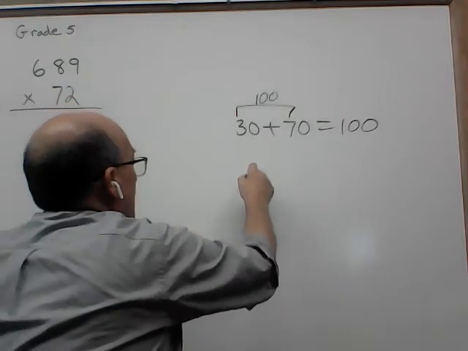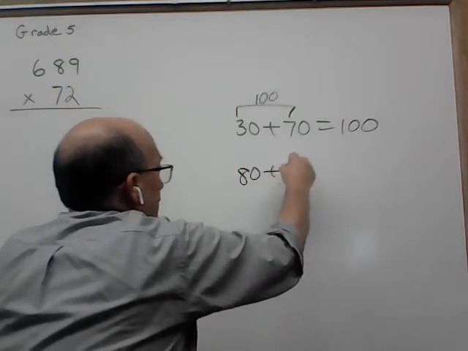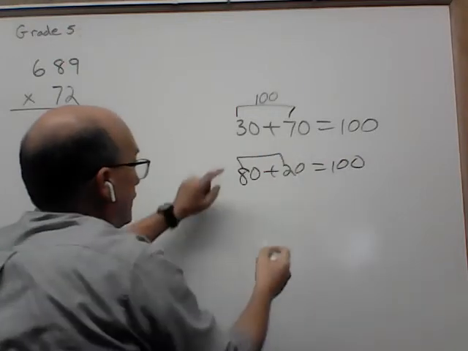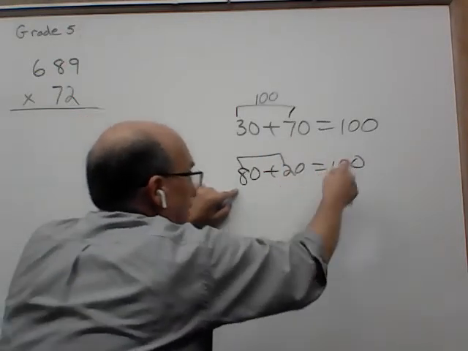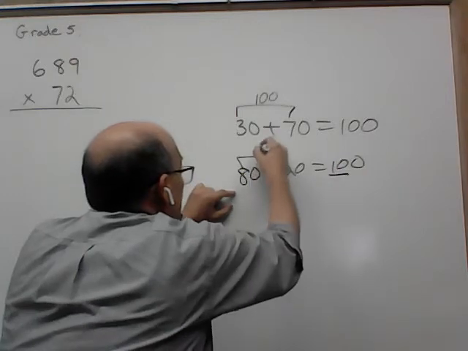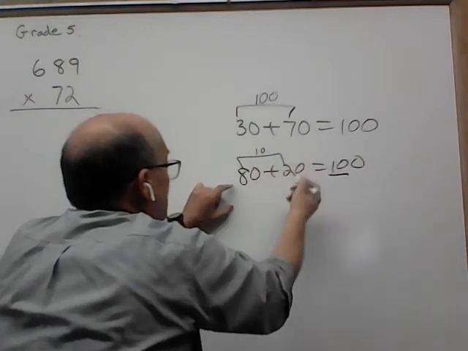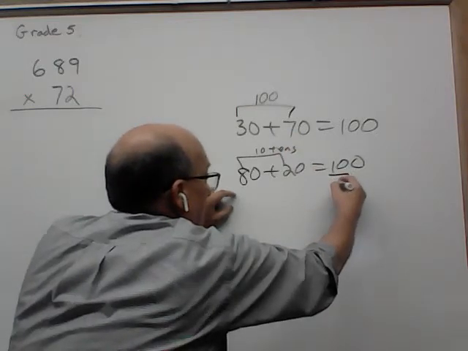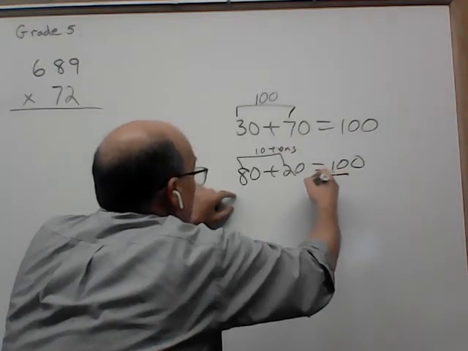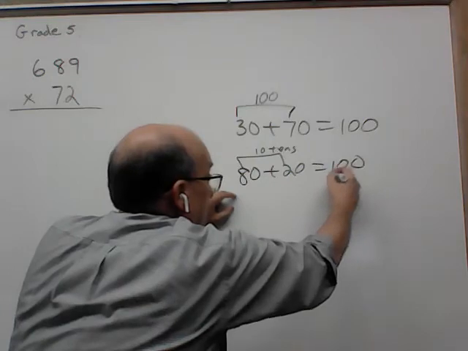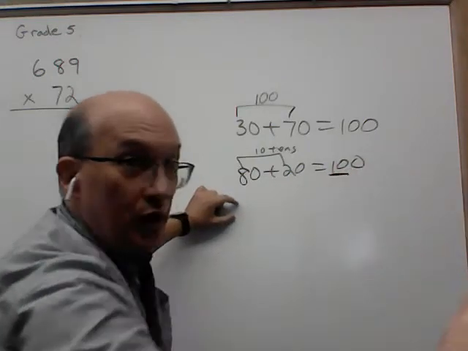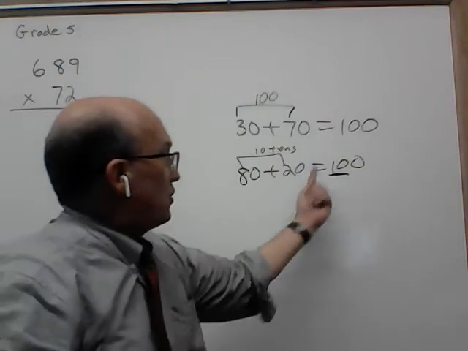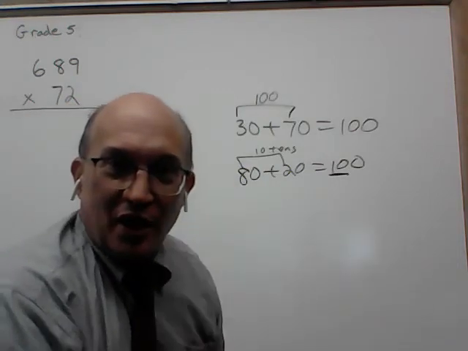And of course, 80 plus 20 is 100 because you've got 8 tens plus 2 tens is 10 tens, and the way we write 10 tens is 100. Right? There's the 10. It can't go in the tens place. You cannot put 2 digits in the tens place, so you go to the third digit and we call it 100.